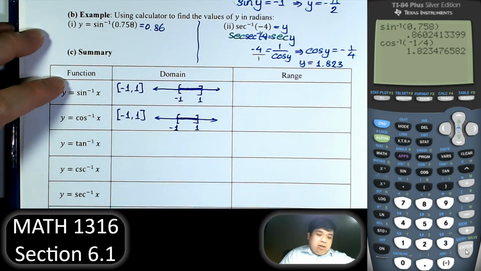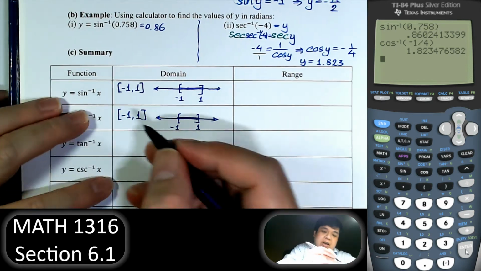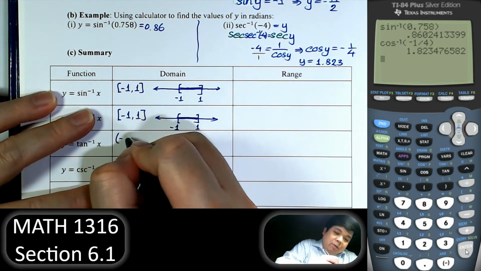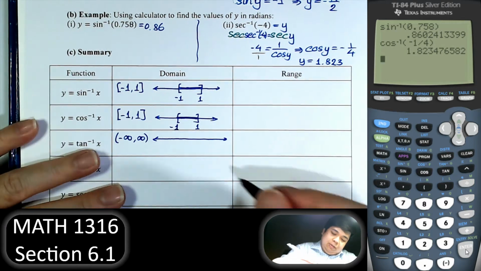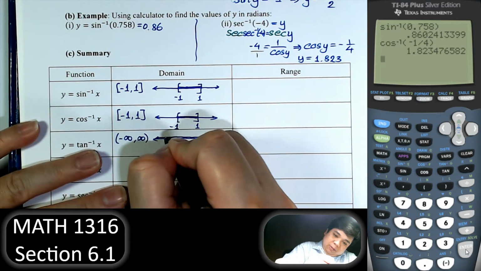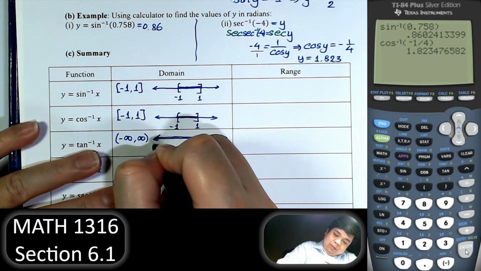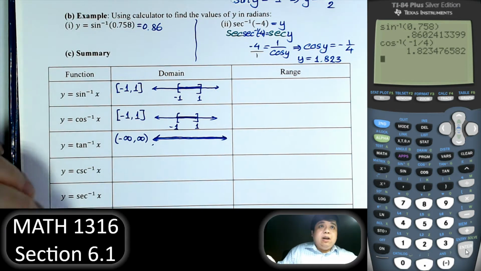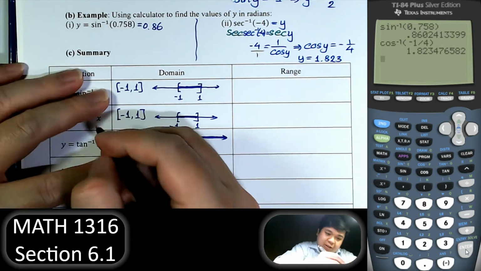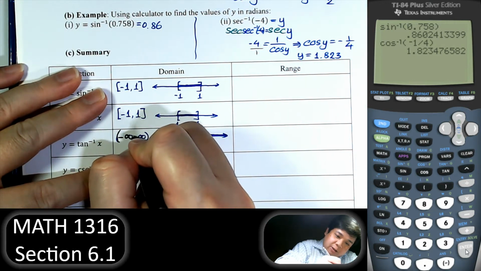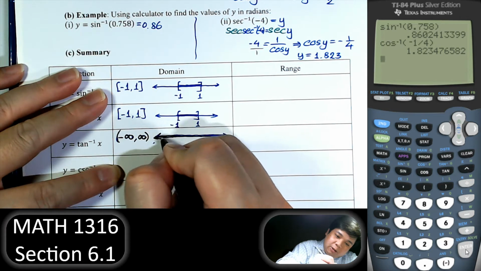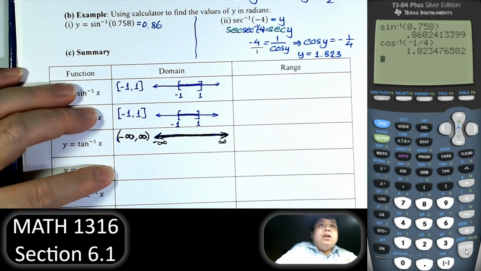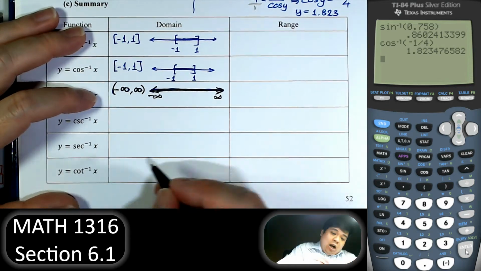Now, the tangent inverse is going to be negative infinity to infinity, so the whole number line. Negative infinity to infinity for tangent inverse, and cotangent inverse also the same thing.